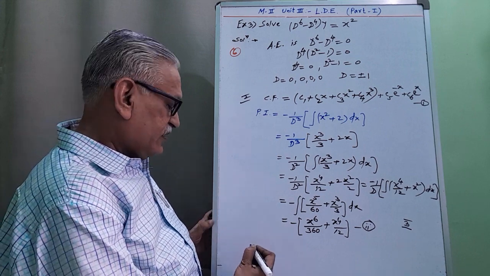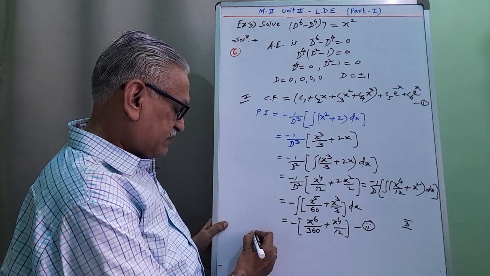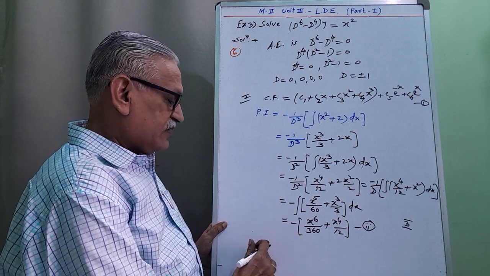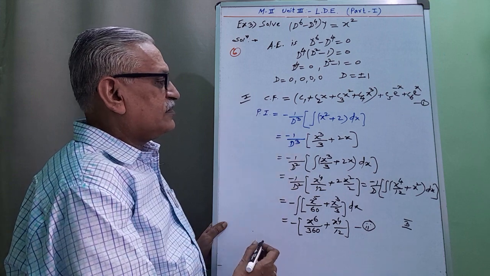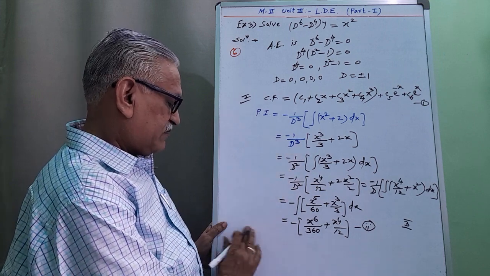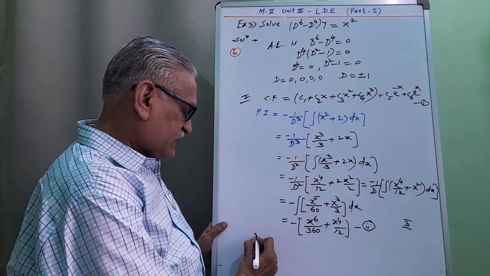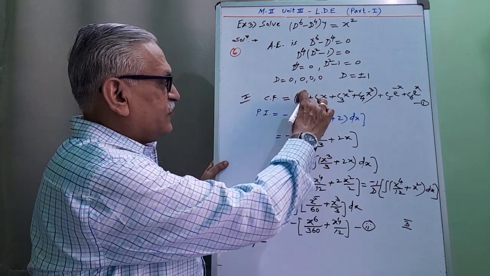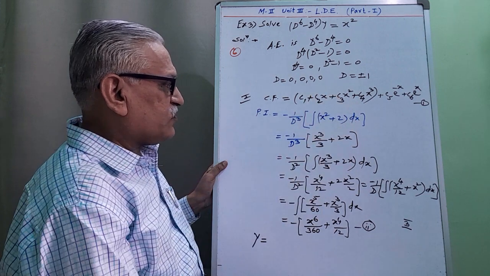And then finally, the complete solution is CF plus PI. Therefore, the complete solution for the dependent variable y. CF is this one, equation 1.